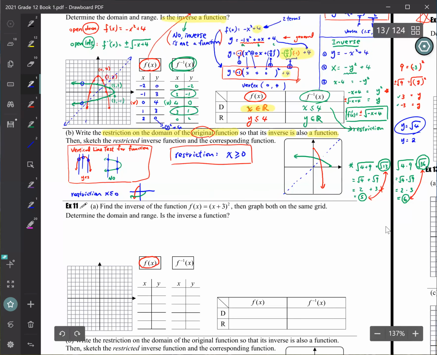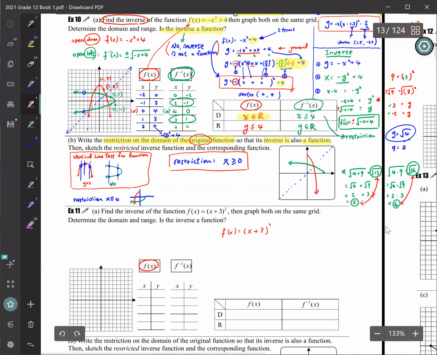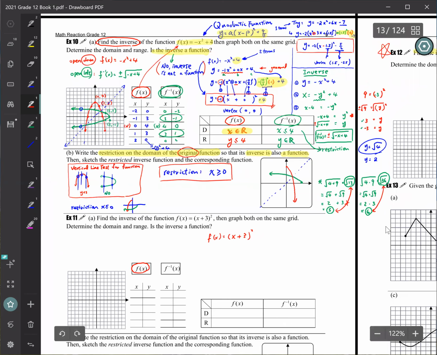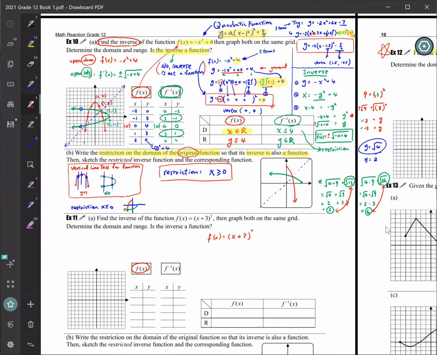So our f of x, I'm going to use red, I'll keep it as red. Think about what the APQ is for this one. This one is already in the form. So what's the APQ form?